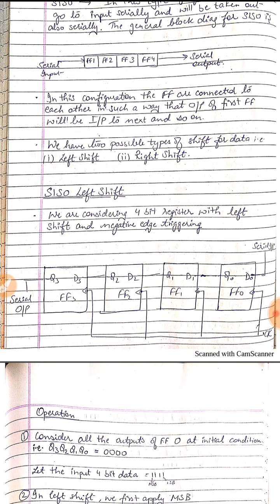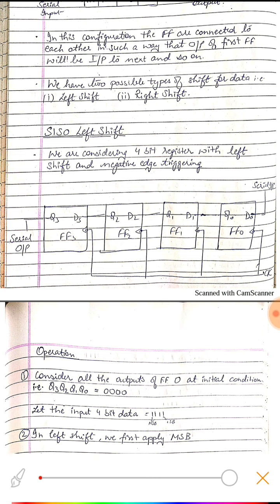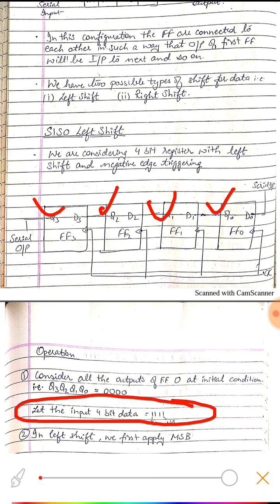Let us consider the initial states of all the flip-flops are 0, that is Q0 is 0, Q1 is 0, Q2 is 0 and Q3 is 0 as well, and we need to enter the data 1 1 1 1 into the shift register.